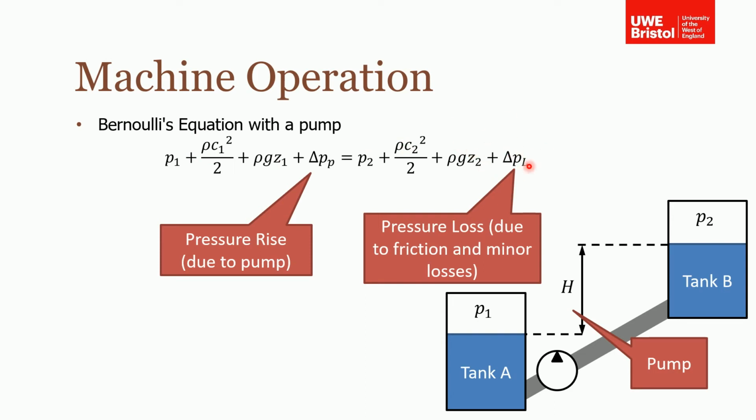We've seen previously that the pressure loss term is introduced, which is due to the friction and minor losses in the pipe network. But on the left hand side we've now got a new term, and this is the change in pressure due to the pump, or the pressure rise due to the pump.